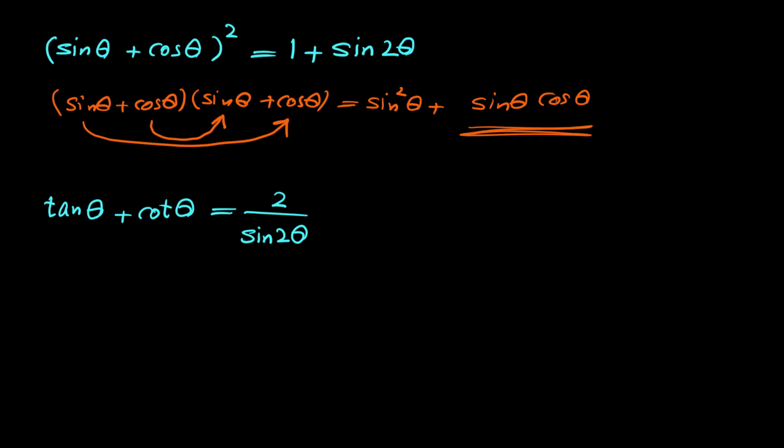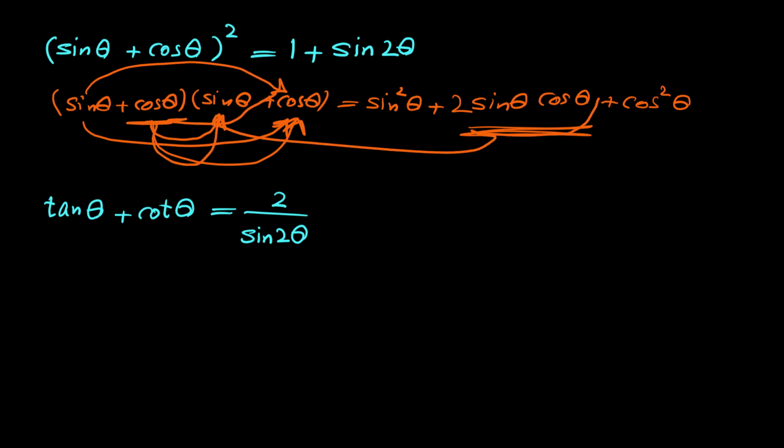So we have 2 of these terms, so this becomes 2 sine theta cosine theta, and finally cosine times cosine is cosine to the 2. So again, please pay attention, sine times cosine is the same as cosine times sine. That's the reason that we have 2 of this.